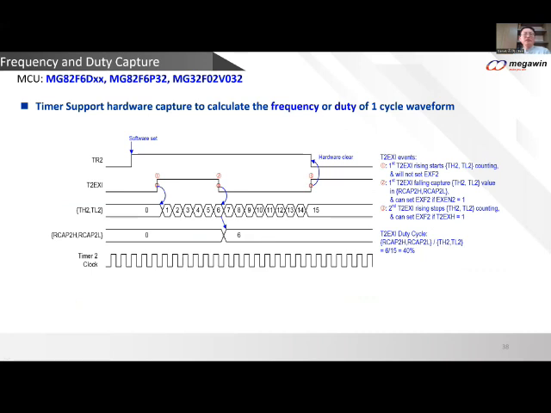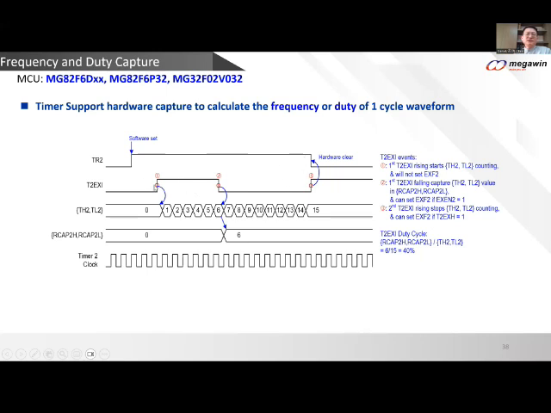Okay, and one of the hardware functions is the frequency and duty capture. If a customer wants to measure the frequency or duty of the input signal, you can use this hardware, which is embedded in the timer capture function.